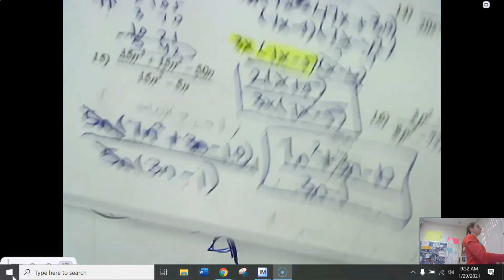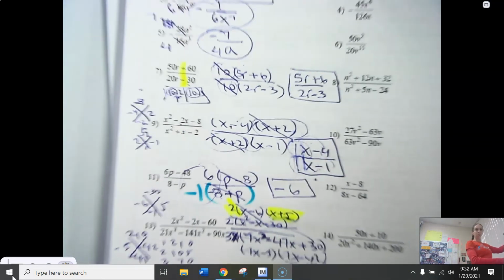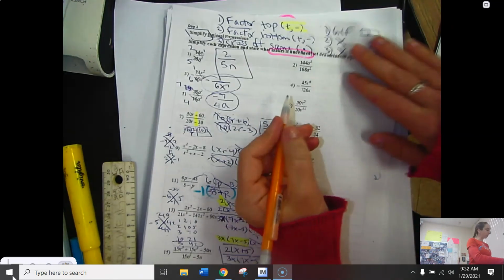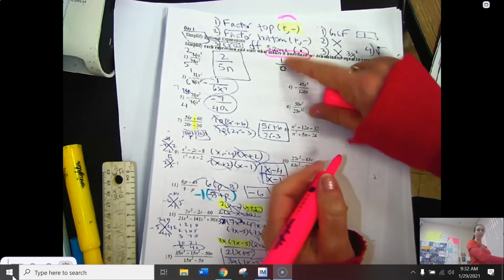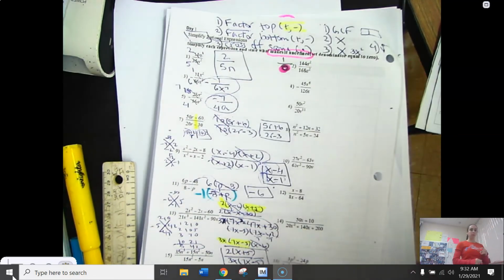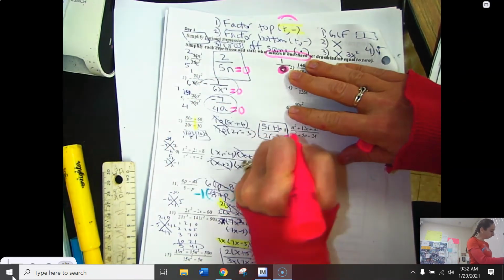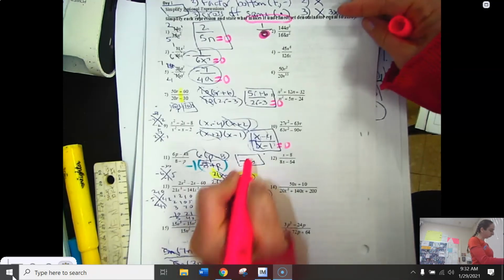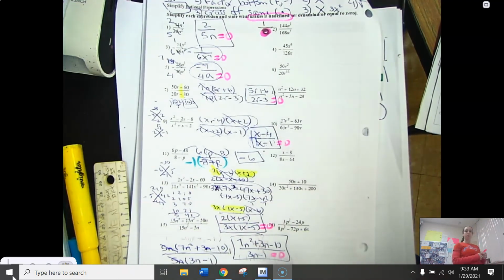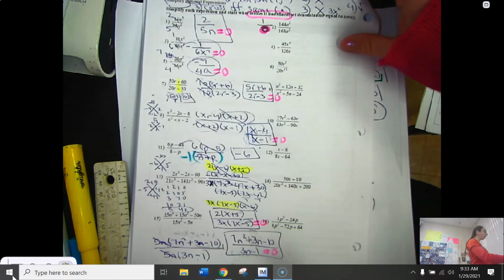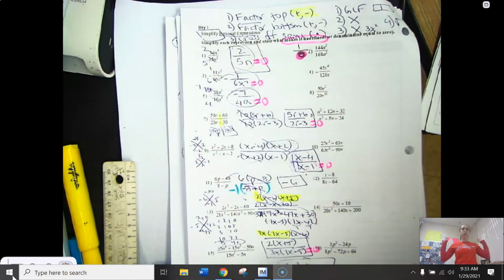Okay, so now the problem is in all of these, I did not state what makes it undefined. What makes something undefined is when you have a 0 in the denominator. You can't have one piece of pizza from no pizza. So what do you do? You set the denominator equal to 0. Here's the answer, 2 over 5n.